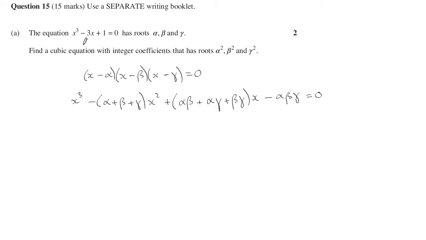And then I just do this expansion in my head a little bit if I'm not sure which one is which or whether it's negative or positive. So anyway, that tells us, because we can see the coefficient on the x squared here is 0, so we know alpha plus beta plus gamma is 0. We've got a negative 3 on the x, so we know that that's negative 3.